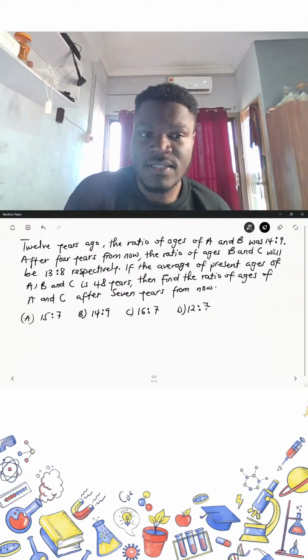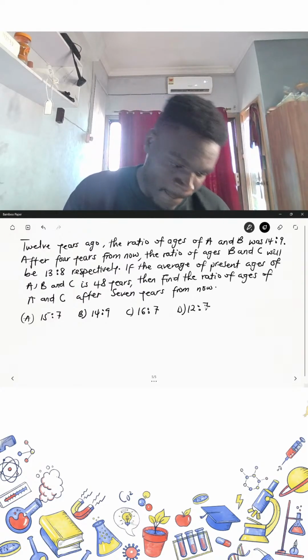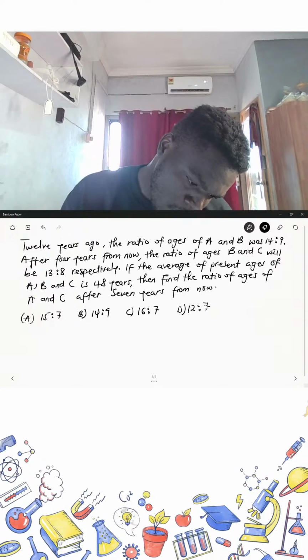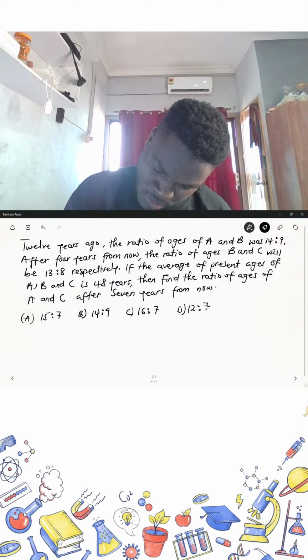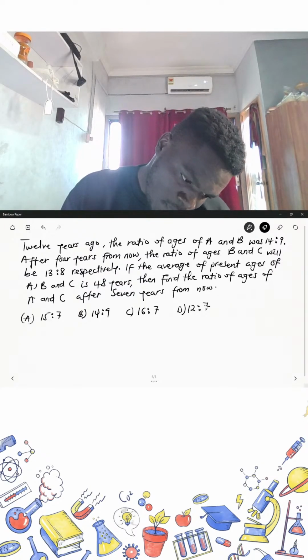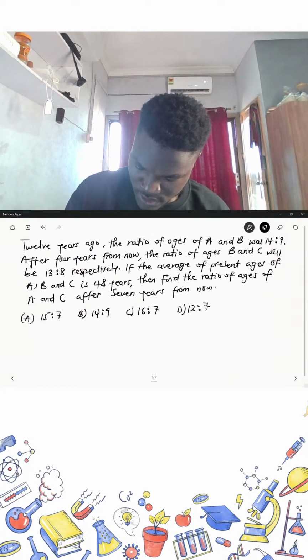After 4 years, the ratio of B and C. After 4 years, B will be 9x plus 4 is to y plus 4. That will be 13 is to 8.